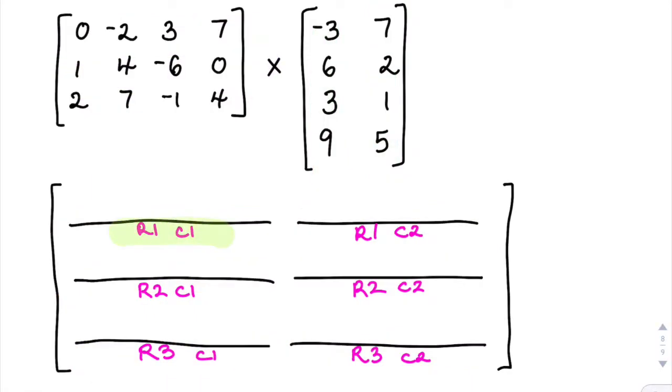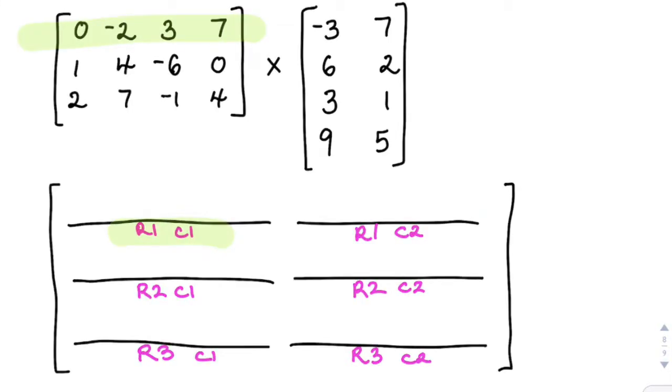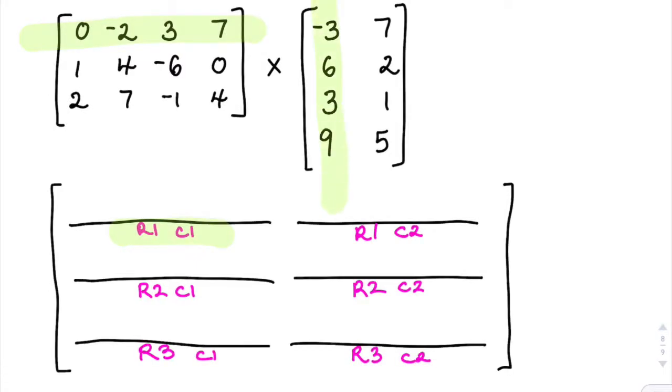Let's begin by calculating our top left element. R1, C1 means we only want to focus on row 1 in the first matrix and column 1 in the second matrix. We're going to pair up our values. So we have 0 times -3 plus -2 times 6 plus 3 times 3 plus 7 times 9.